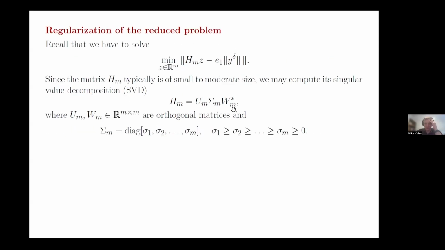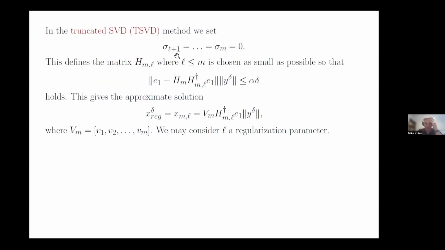So we just made all singular values to be zeros, except the L largest. L is chosen as small as possible so that this norm is, well, so we satisfy the discrepancy principle. And we get an approximate solution, x delta regularized.